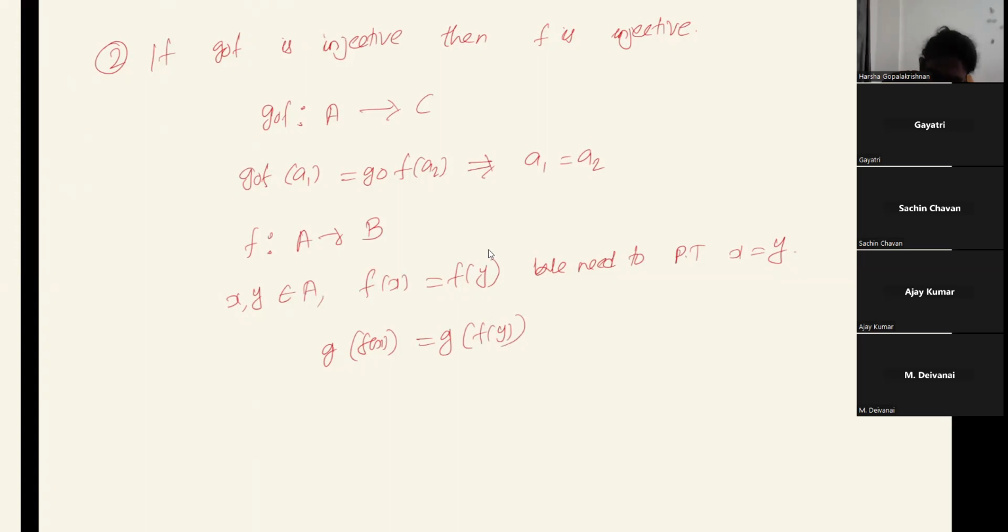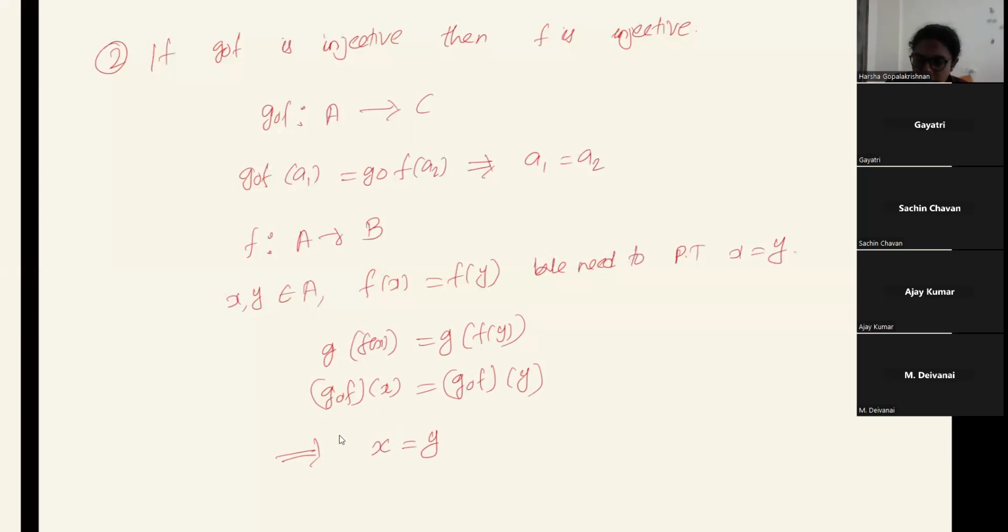So, what is G of F of X? G composite F of X. And what is G of F of Y? G composite F of Y. Now, we already know that G composite F is injective. So, what does this imply? X equal to Y, right?